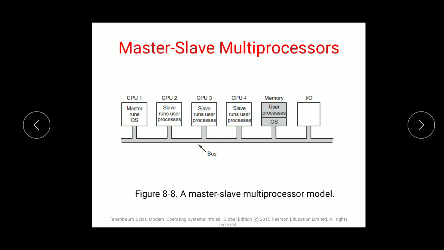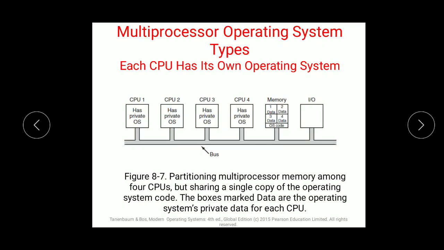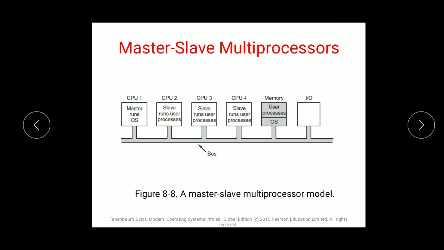So after handling the operating system functions, system calls, everything, if that CPU gets time, it can run the user processes as well. That is the reason this model is called the master slave model. There were many problems in the previous model, and because of that, the master slave model was a resolved version of that previous model.